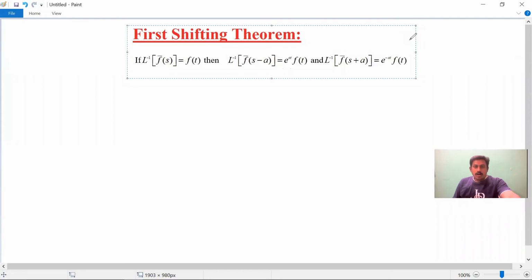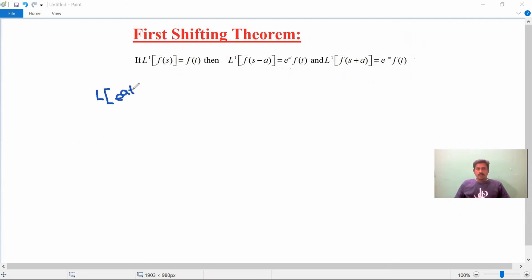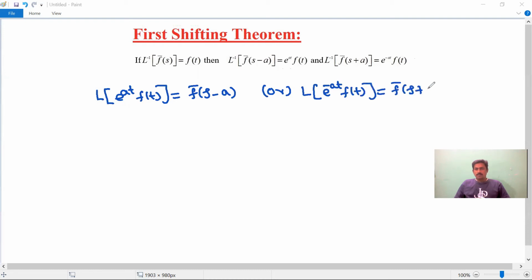Next, we will see how we get the first shifting theorem for the inverse Laplace transform. We know that L of e power at into f of t equals f bar of s minus a, or L of e power minus at into f of t equals f bar of s plus a. This is the first shifting theorem of Laplace transform.